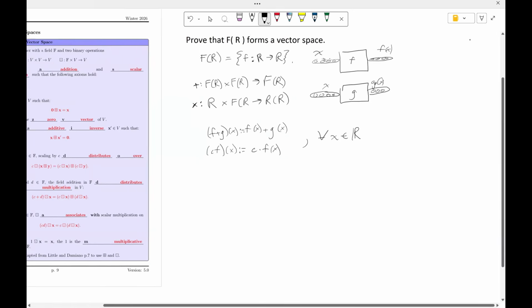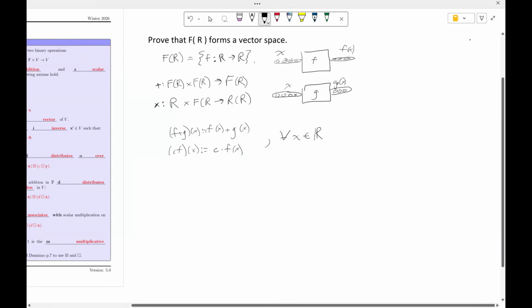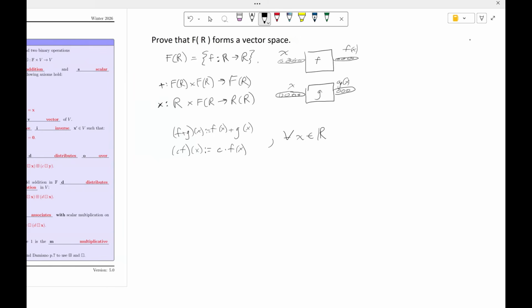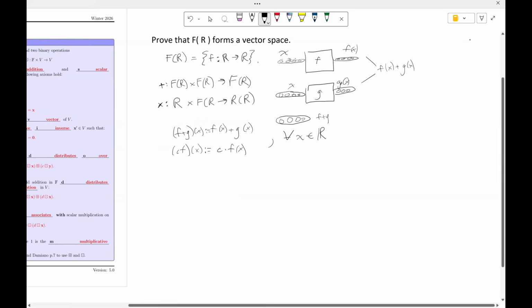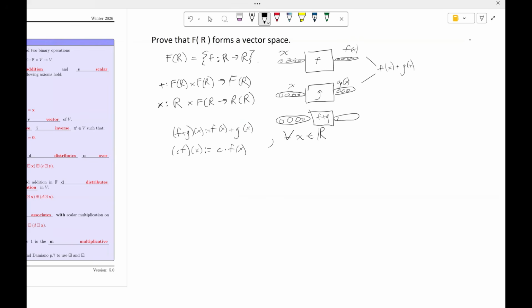Well, this definition of addition is saying that if I take these two numbers and I add them together, and I look at the machine f plus g, my input's x, this is my output.